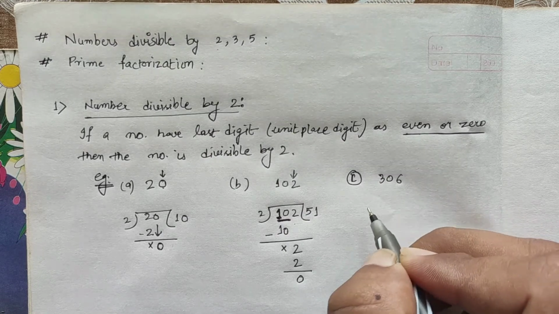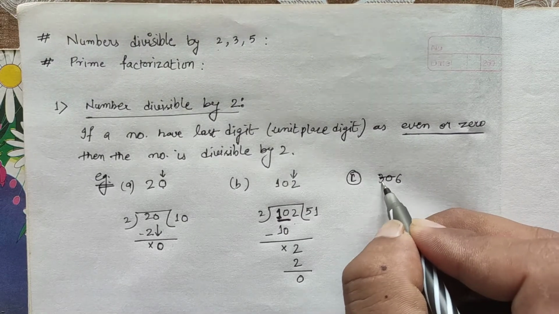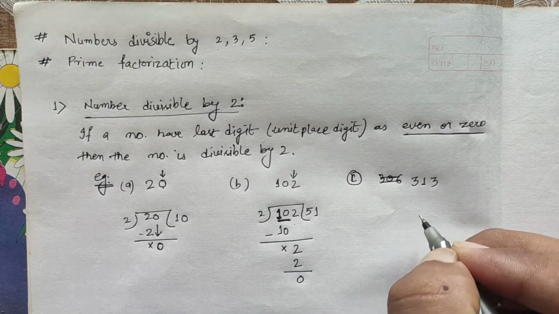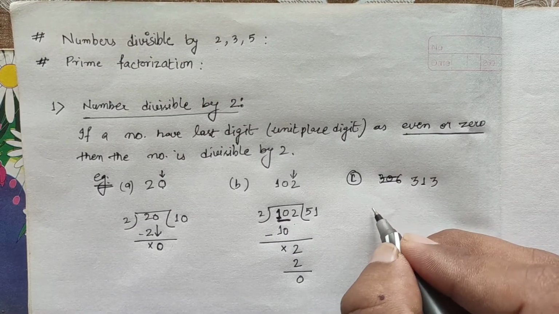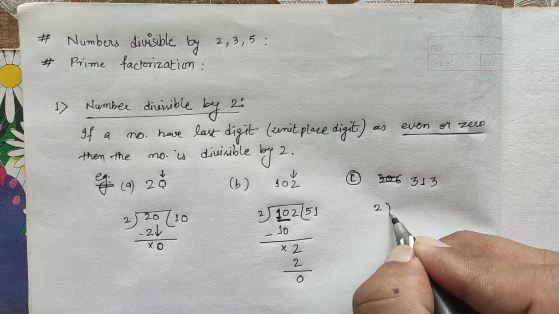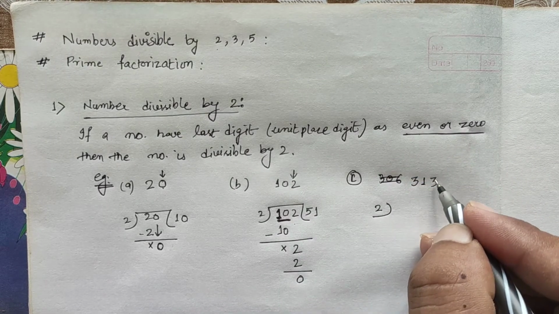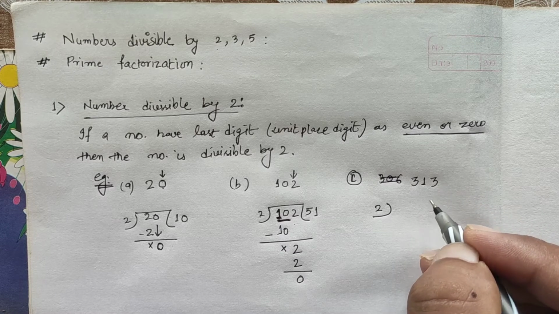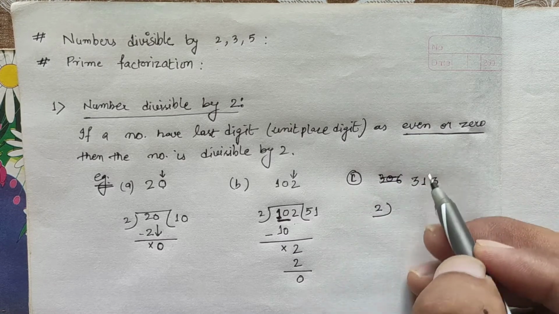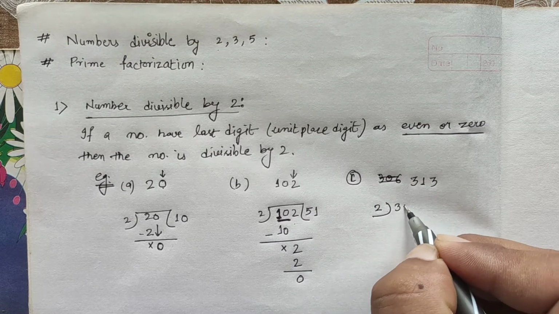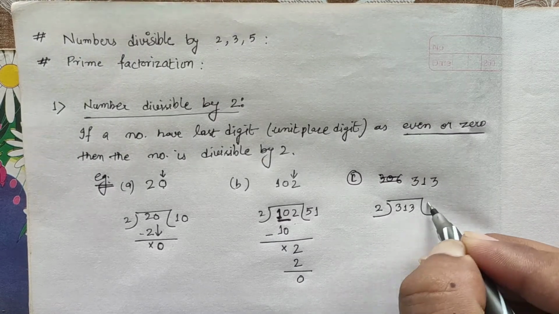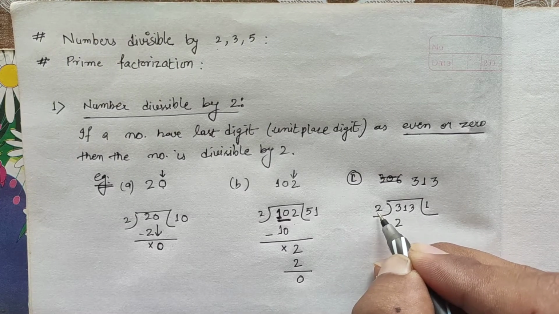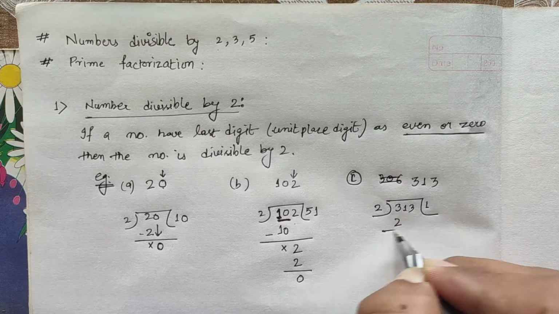Let's see an example that is not divisible by 2. Let's take an example like 313. Let's check whether it is divisible by 2 or not. As per our definition, the last digit, the ones place digit, is an odd number, so it must not be divisible. Let's check it. 313. 2 times 1 is 2, because this digit is greater than the divisor, we can take only one digit here.